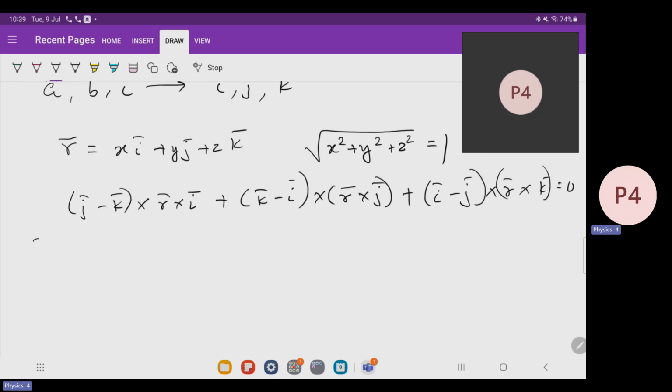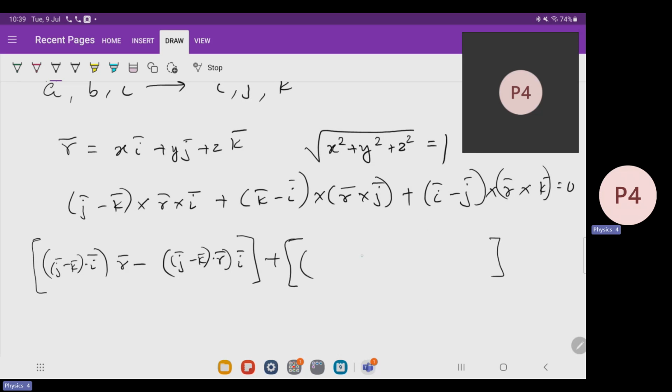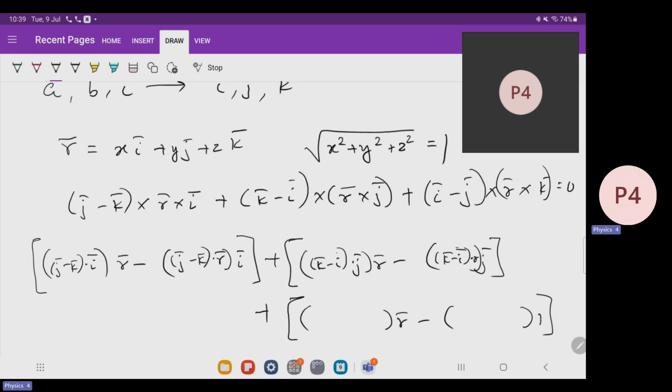Now using the definition of vector triple product, this will be a linear combination of r bar and i bar: (j minus k) dot i, and (j minus k) dot r, plus a linear combination of r bar and j bar: (k minus i) dot j, and (k minus i) dot r, plus r bar and k bar: (i minus j) dot k, and (i minus j) dot r.